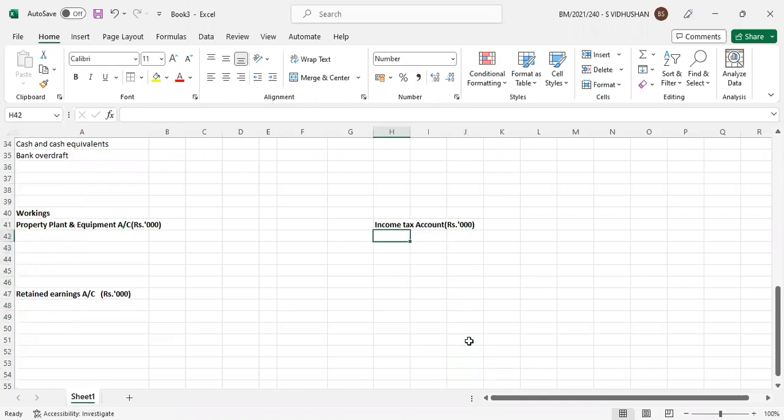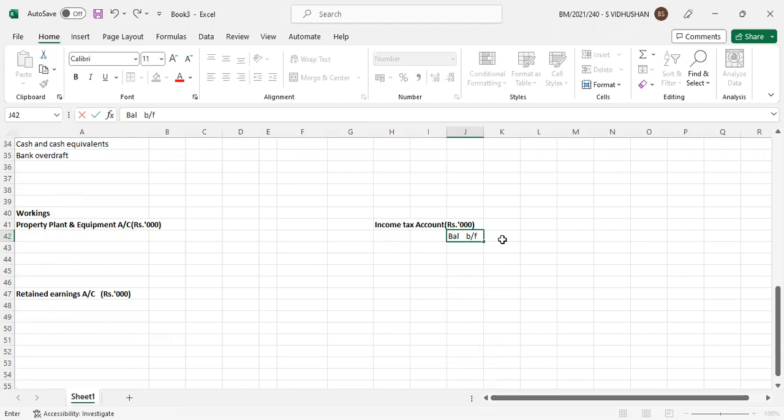Opening balance, we have 400. Then we have a closing balance of 500.